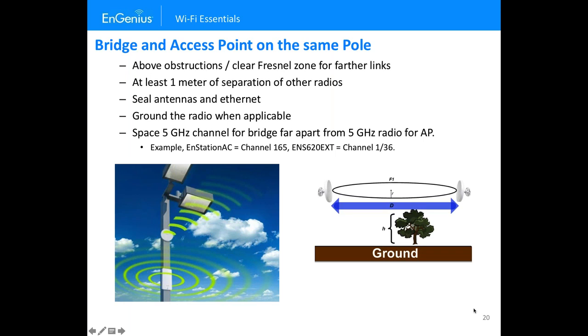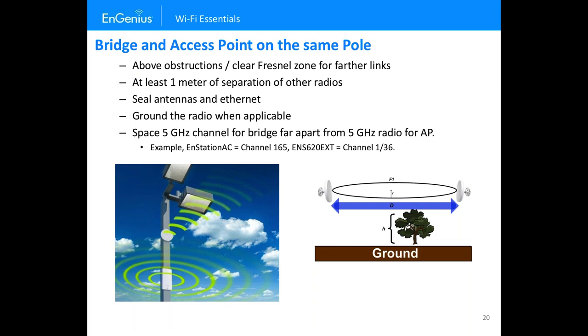Okay, and then bridging an access point on the same pole, meaning two separate devices, like shown here in the picture. This is the recommended way. In other words, you have a dedicated directional pointed back, where you've got a dedicated channel, a dedicated radio to provide the backhaul, and then you have a wired connection to the local access point on the same pole.